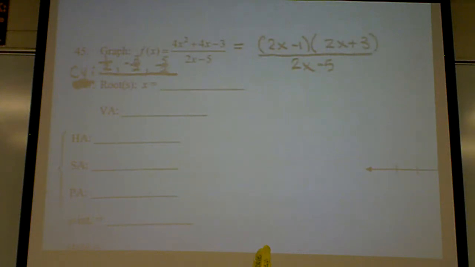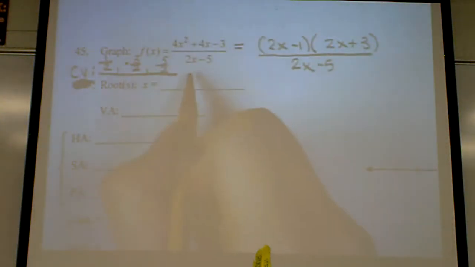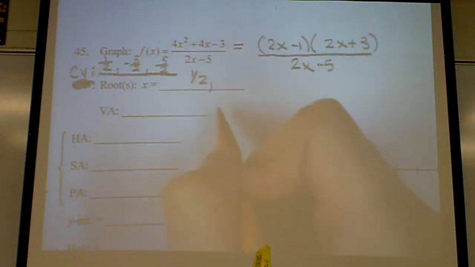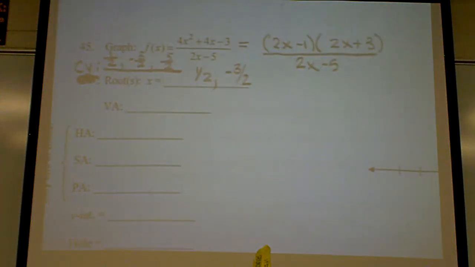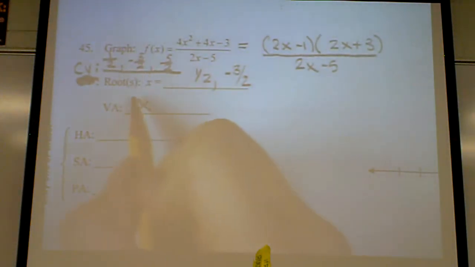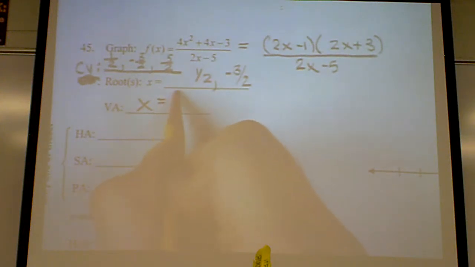So which ones of those are my roots? We have 1/2 and -3/2. My vertical asymptote is at x equals what? 5/2.